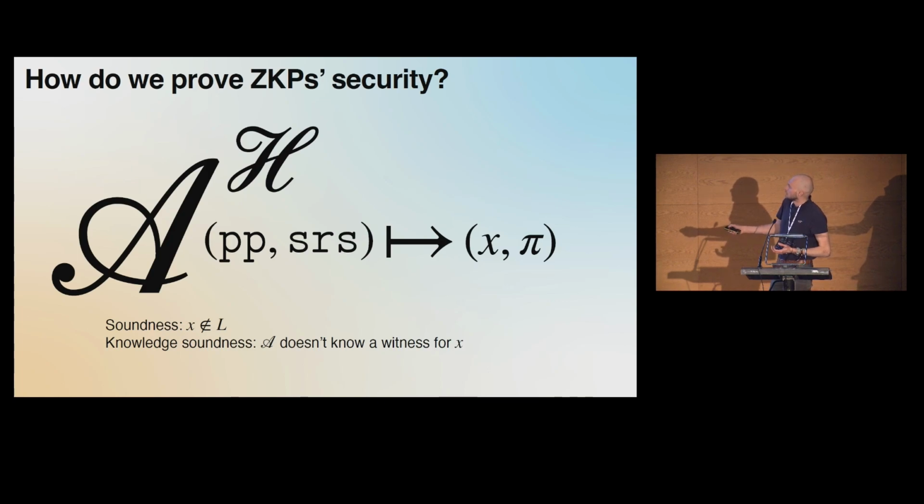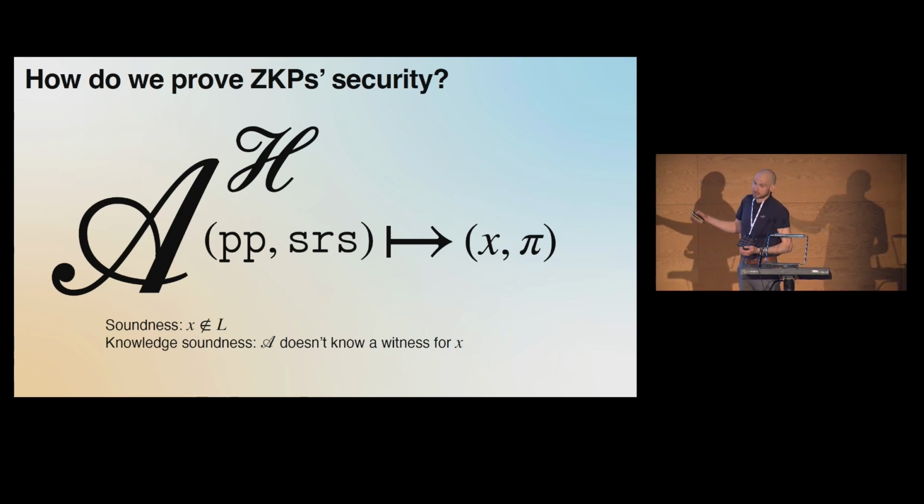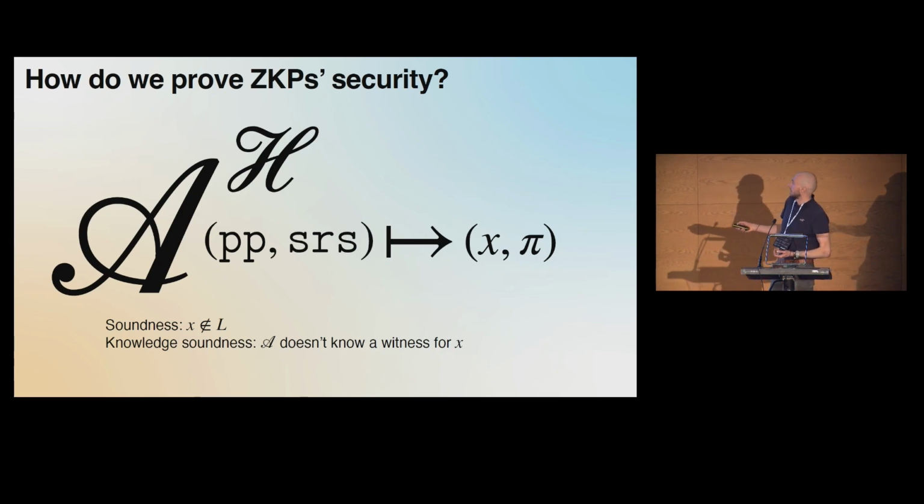We input some public parameters. We give it an SRS, structured reference string, if we use a trusted setup. And because most novel zkSNARKs use the random oracle model, we also give the adversary oracle access to a random oracle. And with that input, we ask the adversary to produce some x and pi, okay?